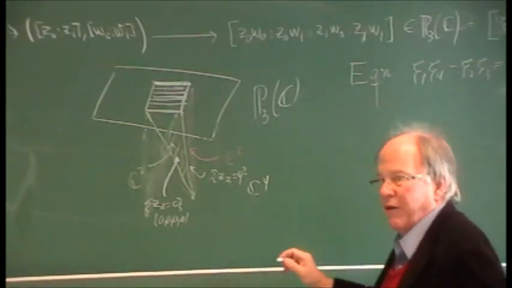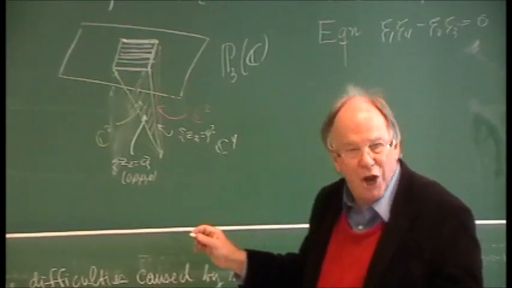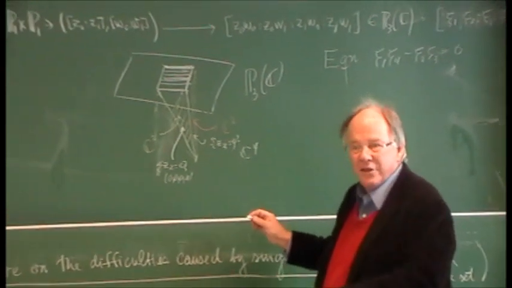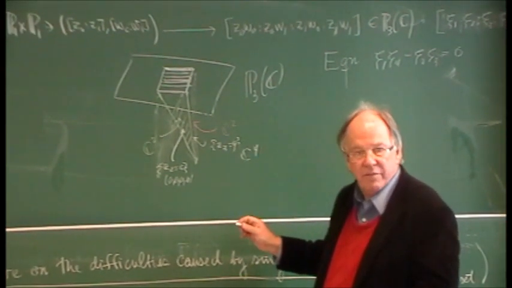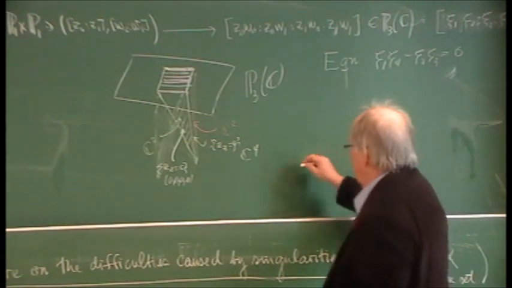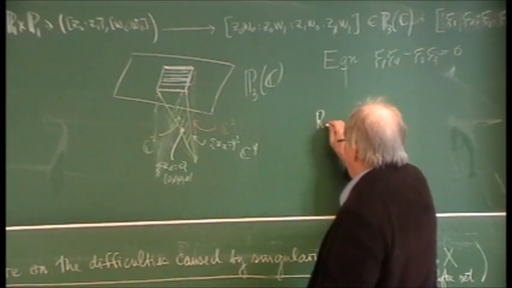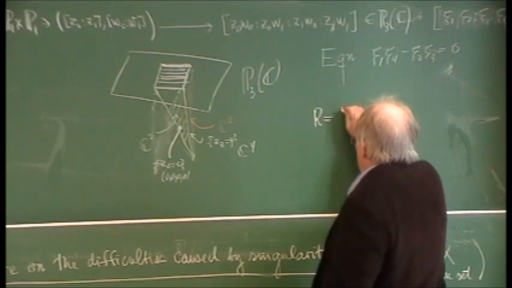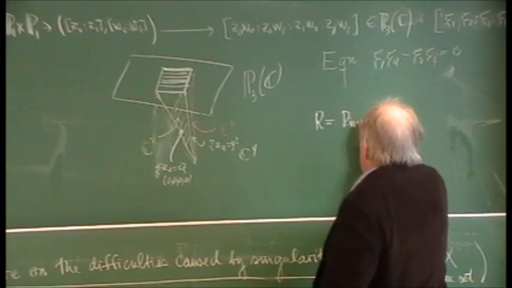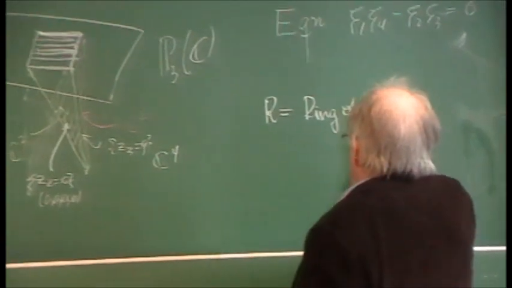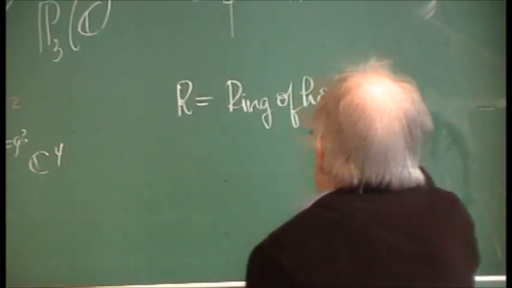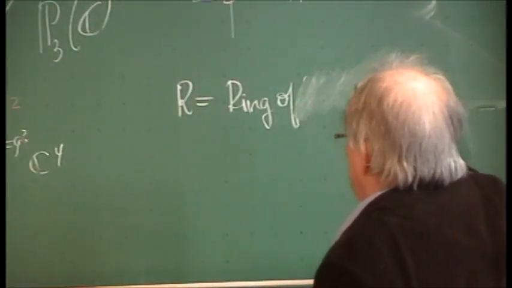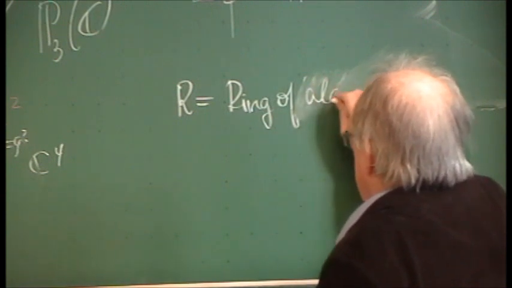But since maybe you like formal algebra, just check that this cannot be defined by one function in the local ring. What does that mean? The ring of holomorphic functions on the cone, or algebraic functions, let's do algebraic functions, it doesn't matter.